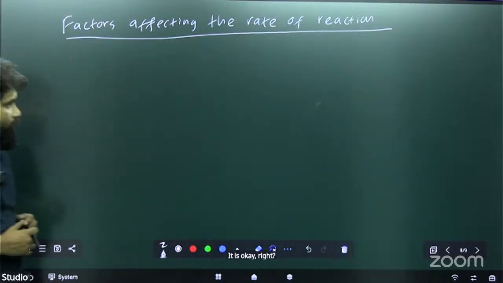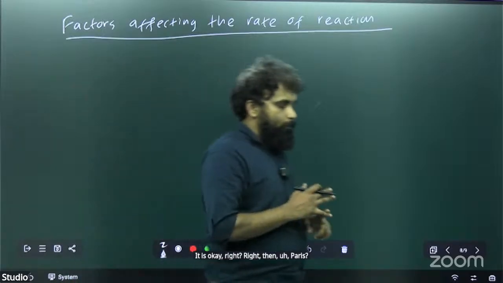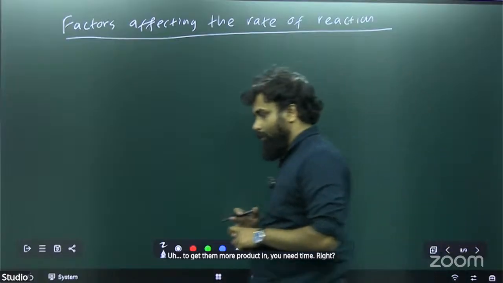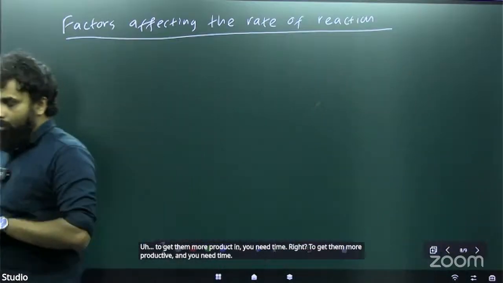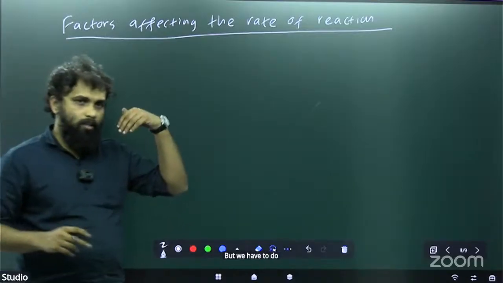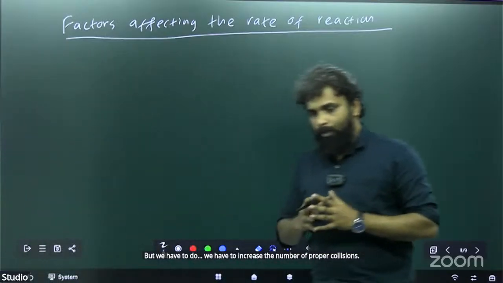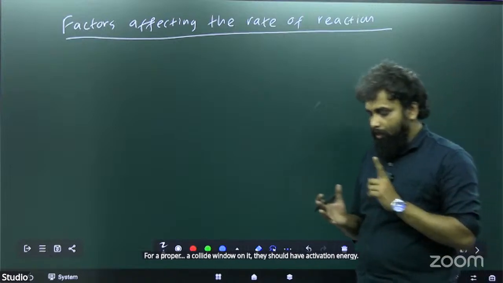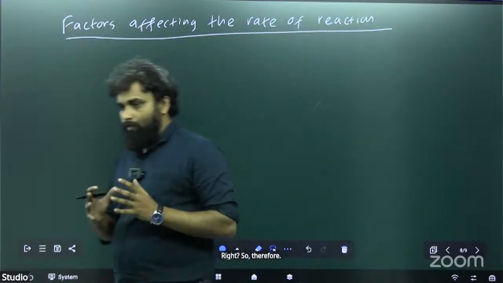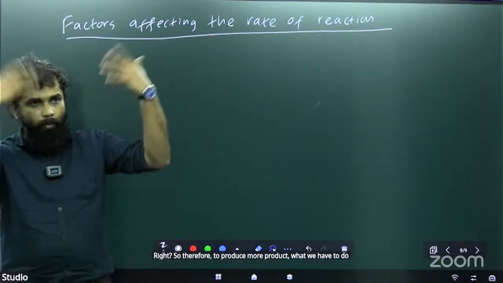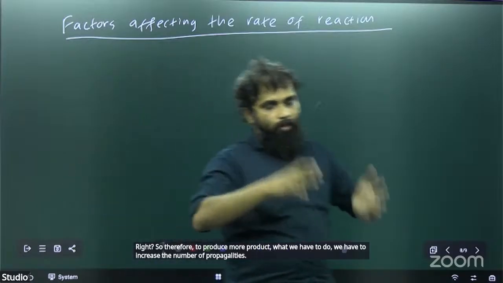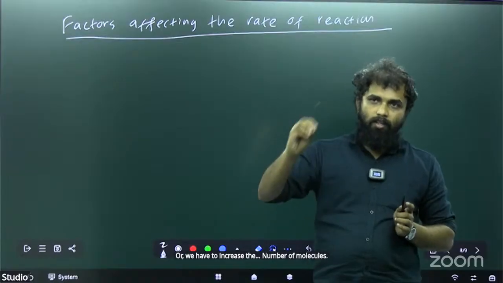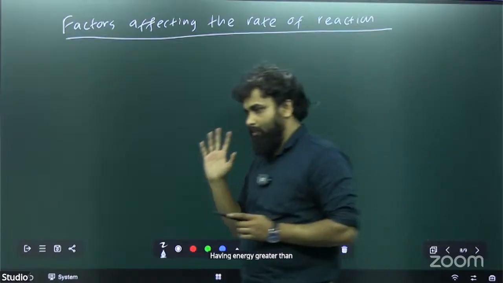To get more product in unit time, what we have to do is increase the number of proper collisions. For a proper collision, they should have activation energy. So to produce more product, we have to increase the number of proper collisions, or we have to increase the number of molecules having energy greater than activation energy.